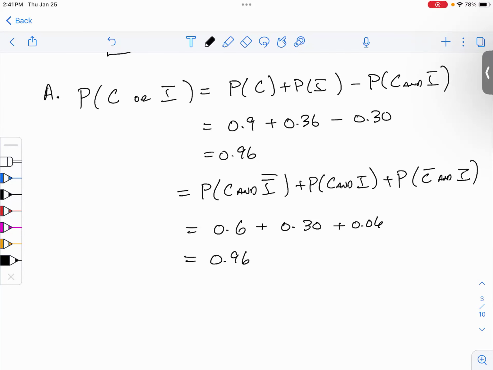Just since we're talking about it, there is one more way to do this, even though we have thoroughly answered this question. C or I means it could be one or the other or both. And this brings up an important point that the English language has evolved. Math, as far as English translating to words, has not. Or always means including both.